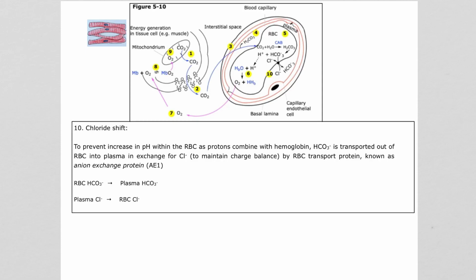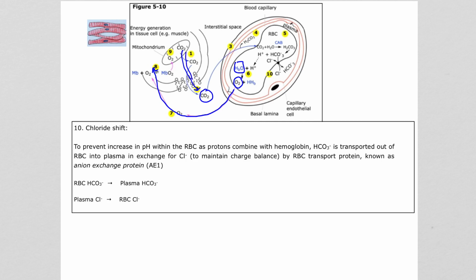So just to summarize, at the tissues such as muscles, carbon dioxide that is coming from the tissue together with BPG that is formed in the red blood cells, both these chemicals will help release oxygen from oxyhemoglobin, and that oxygen will then be transported to the tissue.